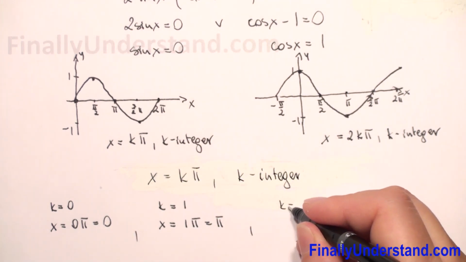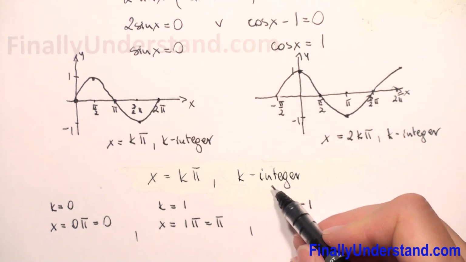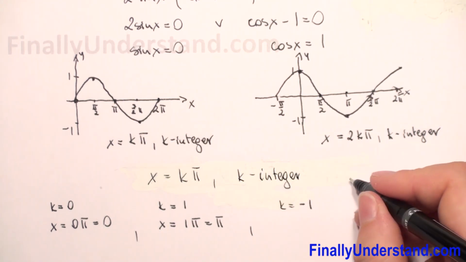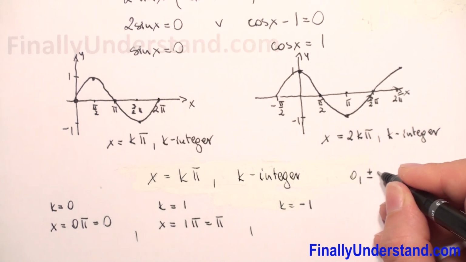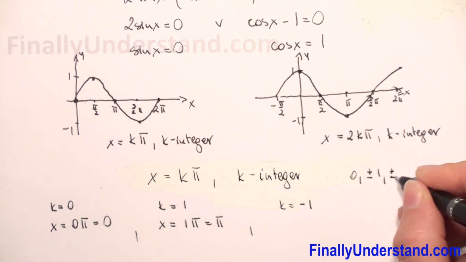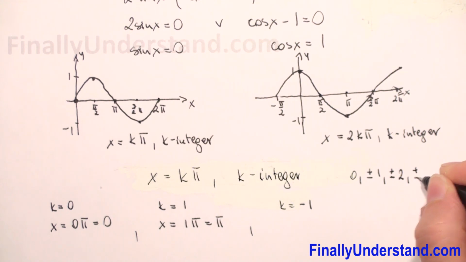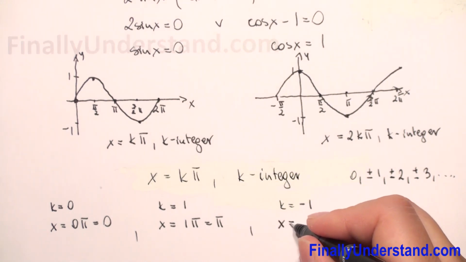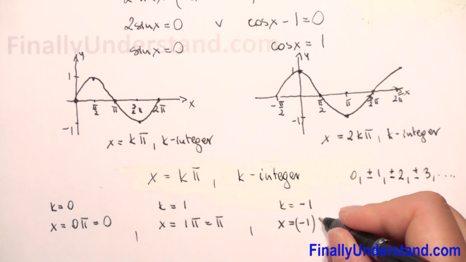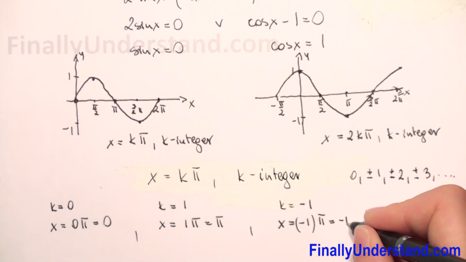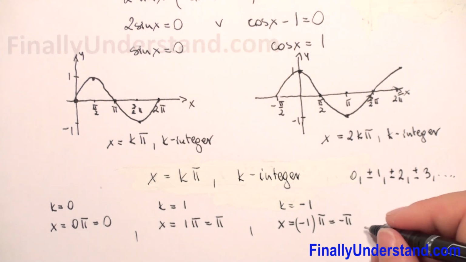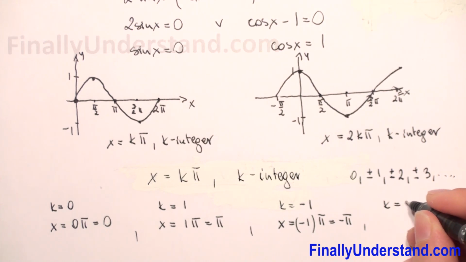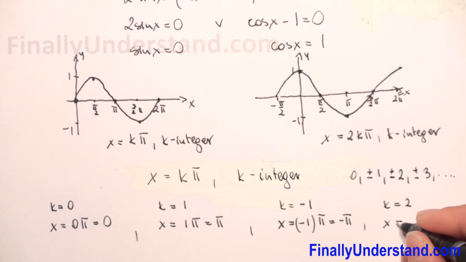For k equals -1, because k is an integer, it can be 0, positive 1, -1, positive 2, -2, and so on. So for k equals -1, we have x equals -pi. And one more time, for k equals 2, we have x equals 2 pi.